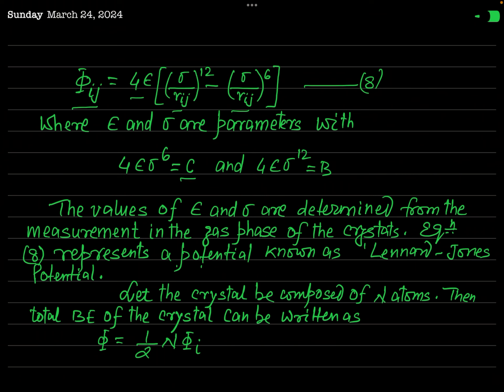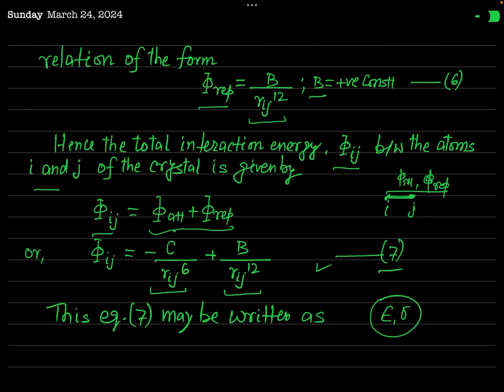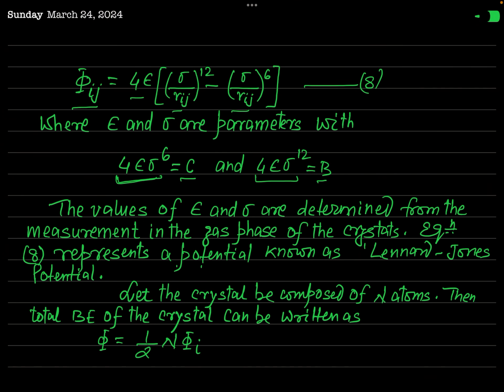You can see here C has been replaced by 4 epsilon sigma to the power 6, and B has been replaced by 4 epsilon sigma to the power 12. You can substitute these two values of C and B in your equation number 7, then you will see our result is phi ij equal to 4 epsilon times sigma over rij whole to the power 12 minus sigma over rij whole to the power 6.